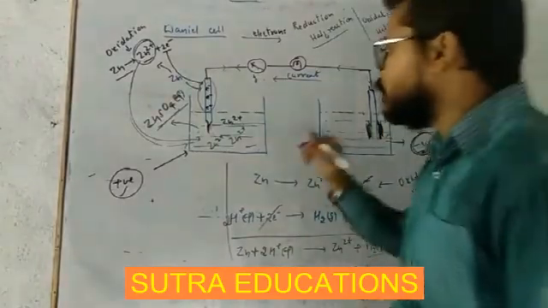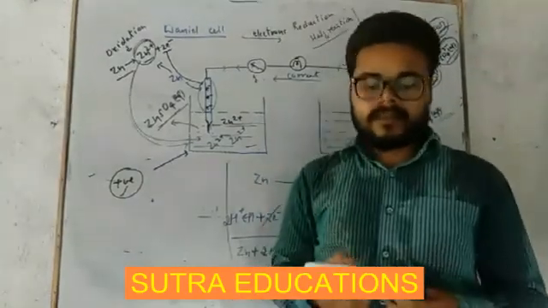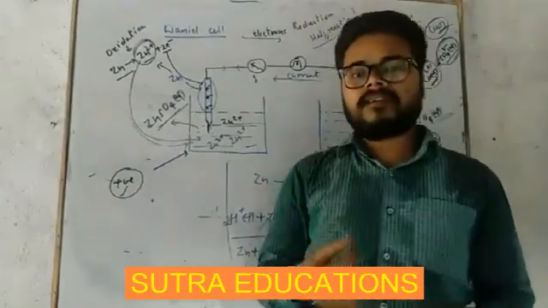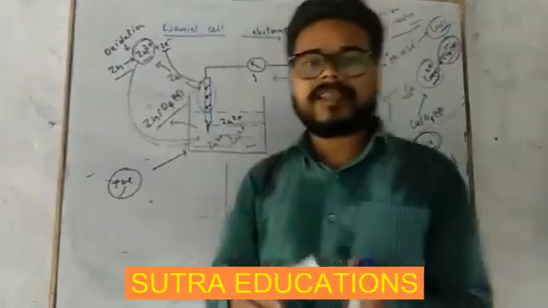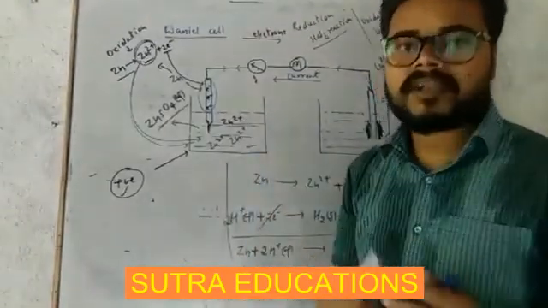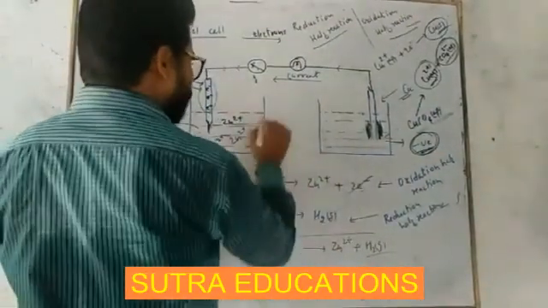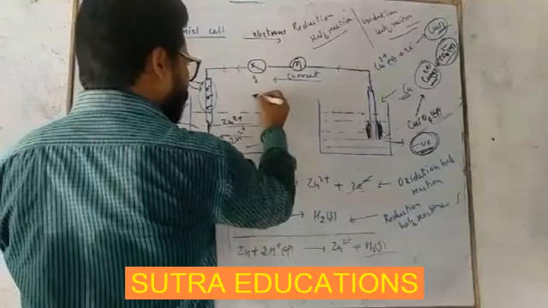So to avoid this, to get continuous current, a salt bridge is connected here. Very important concept. I will tell you what a salt bridge is, but at first I am going to draw a salt bridge.